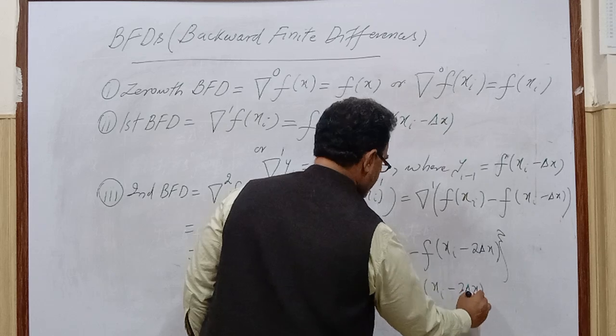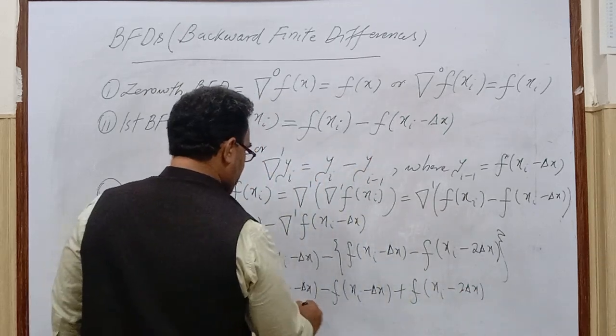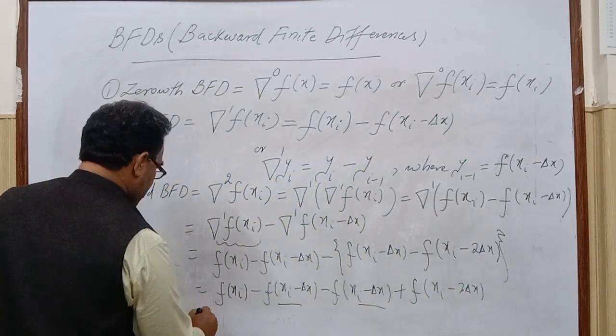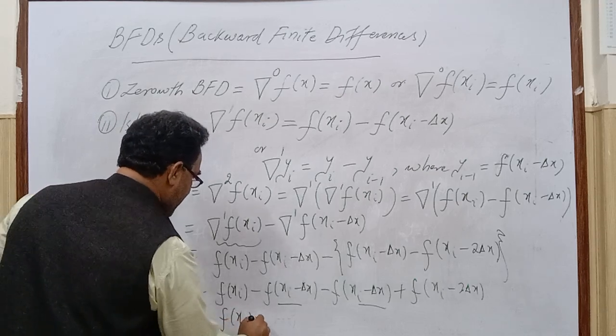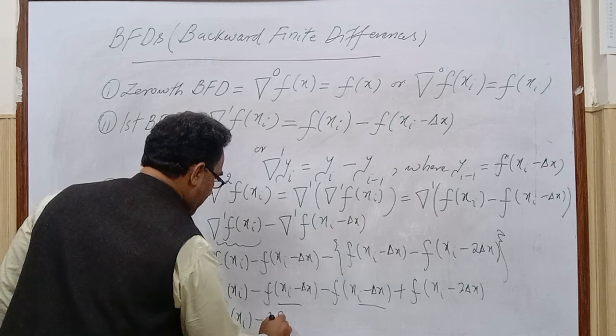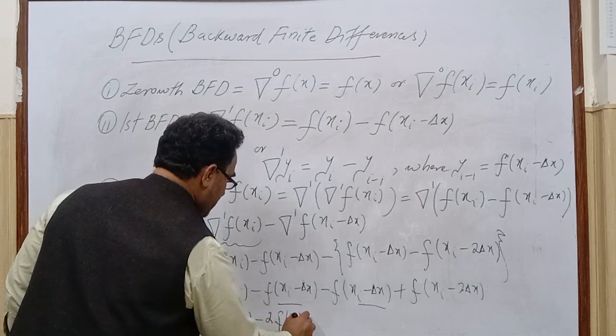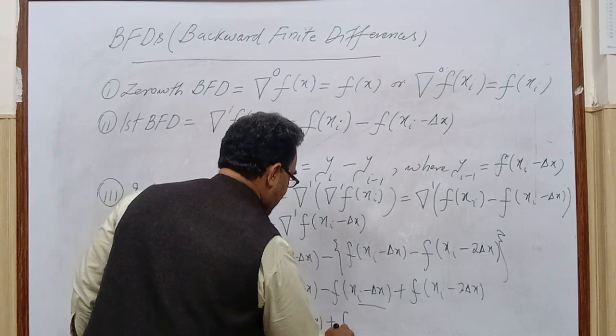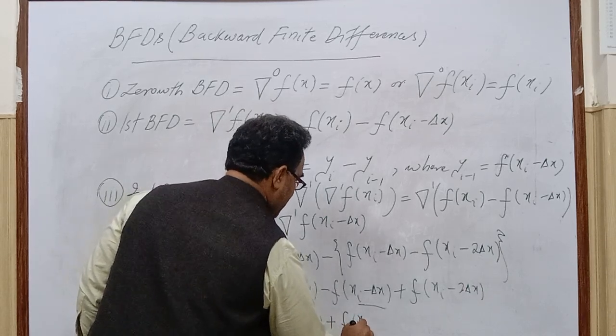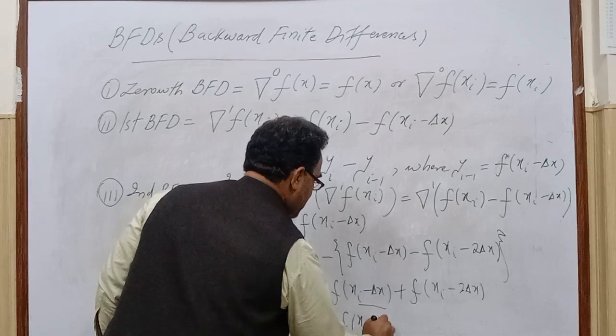Okay, now this one and this one can be collected and the result will be f of xi minus 2 f of xi minus delta x plus f of xi minus 2 delta x.